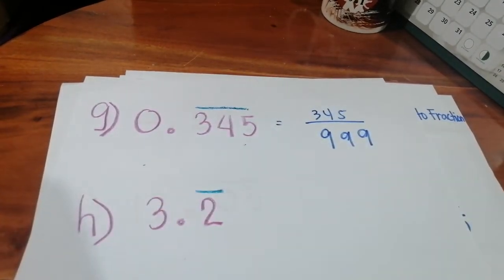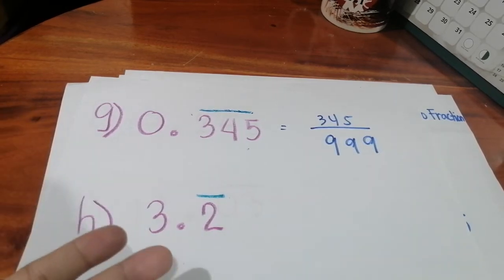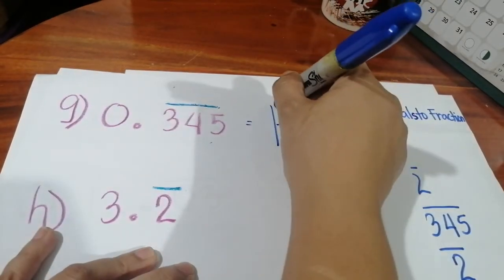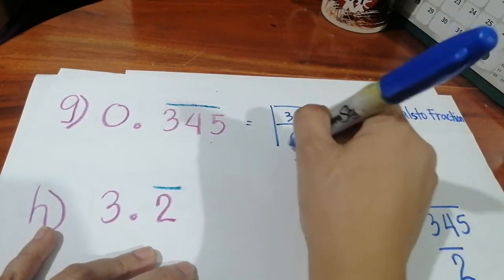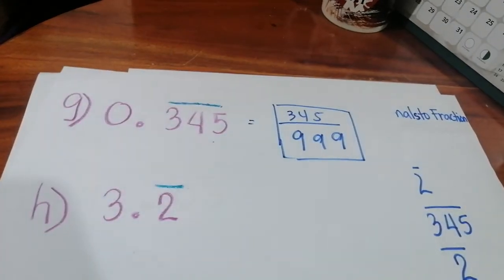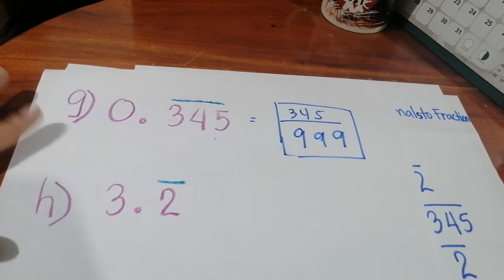So 345 over 999, you cannot simplify this anymore because there's no number that can divide both 345 and 999 except 1. So this is the simplified form of the fraction.